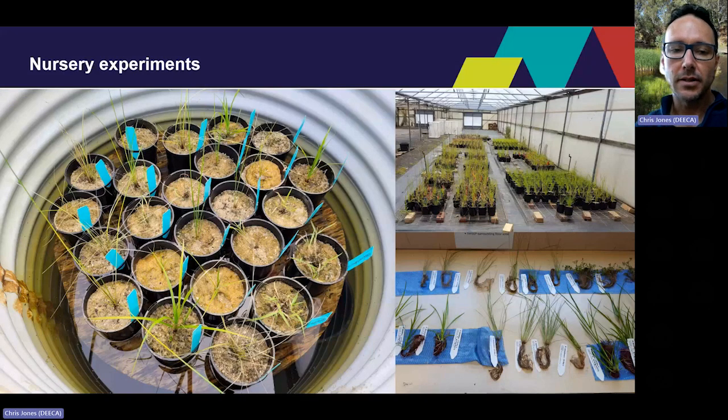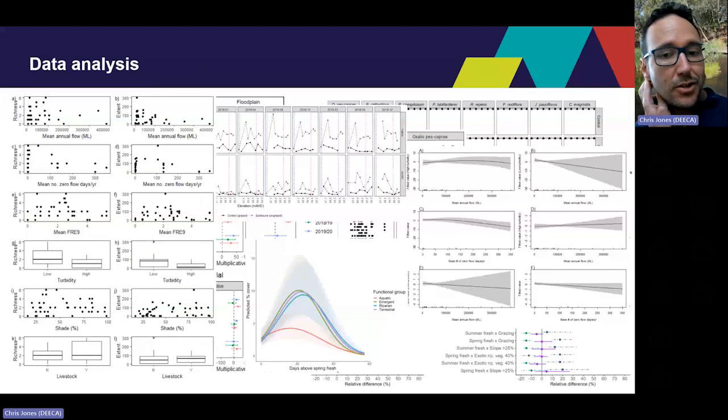All of these were done at the University of Melbourne through extensive collaborator Joe Greet and his team and many students, which was a really important part of this research, a large student contribution to a lot of this work too. This was really helpful to supplement some of our work in the field because the field is inherently messy and variable, and being able to control some of the conditions was really useful to isolate impacts of water on plants. We also had a huge amount of data analysis.